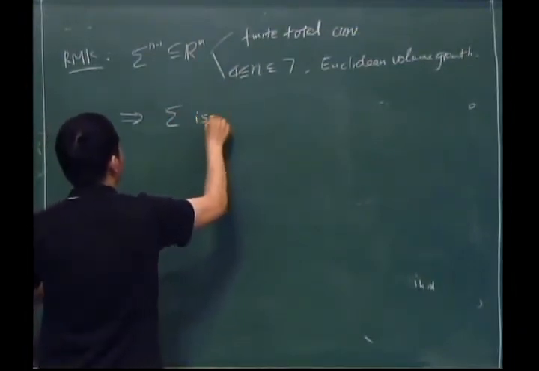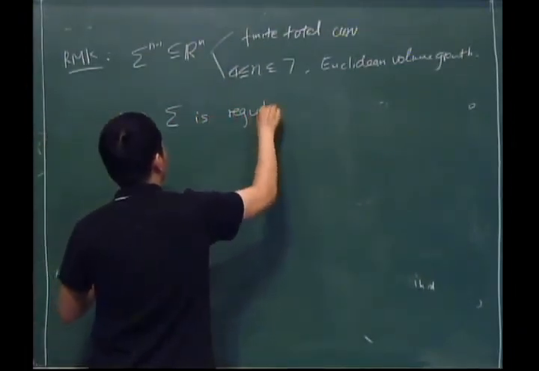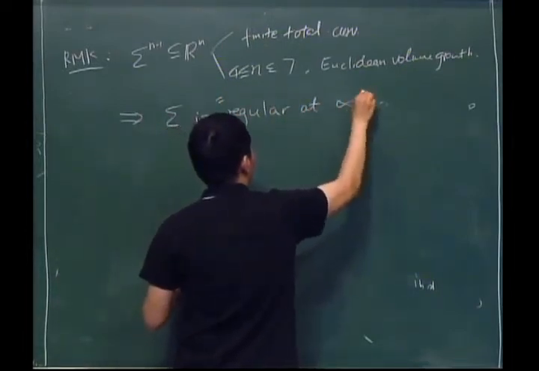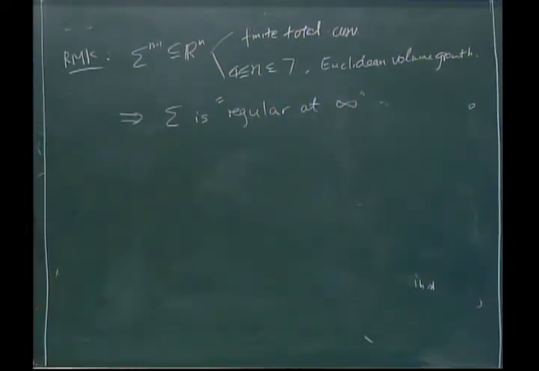The notion regular at infinity, which I'll not explain in detail, but you may think that each end of the surface is approximately a plane, basically. So the number of ends corresponds to how many infinite planes this surface has, right?